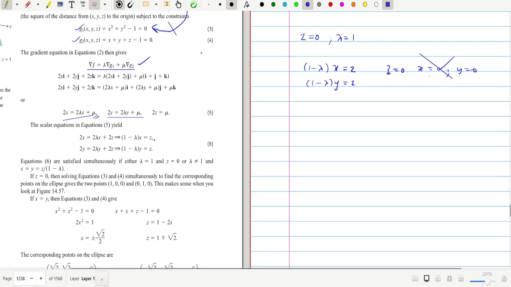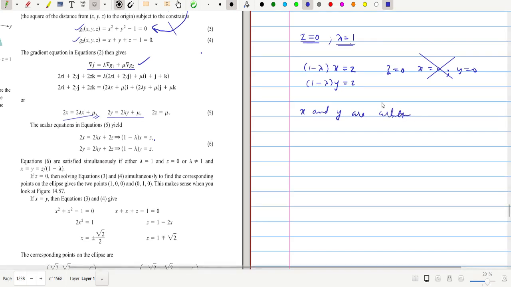This is not possible, as we have discussed just now. In this case we have one more possibility, with z equal to 0 and lambda equal to 1. When lambda equal to 1, you get z equal to 0 from this equation, and x need not be 0. x and y are arbitrary. So z equal to 0, lambda equal to 1 is one possibility.